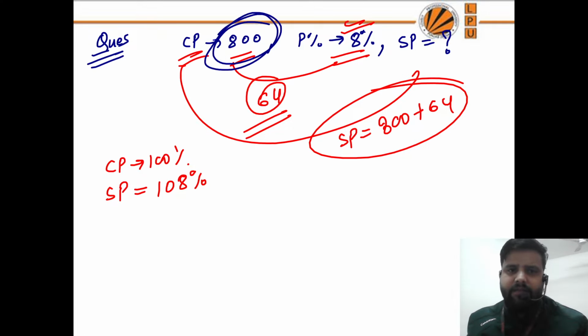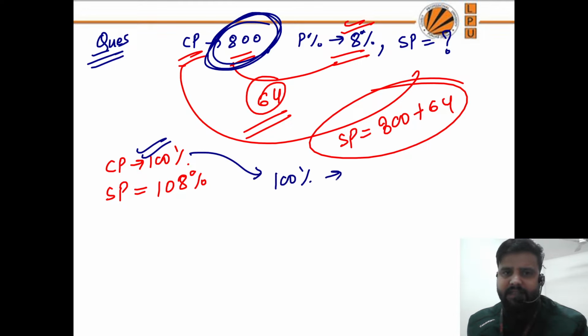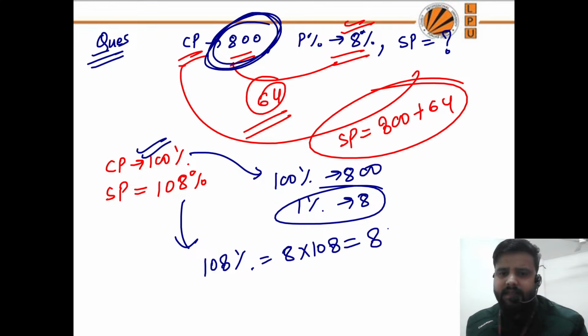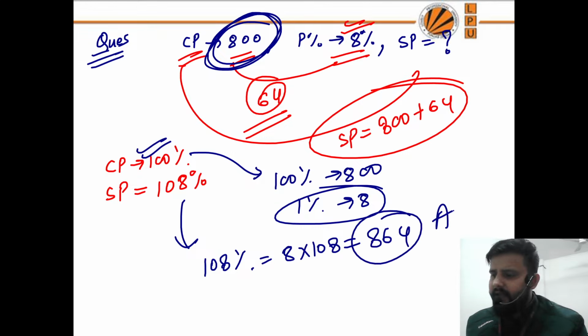The question has given you 800, which is the value of this 100%. So from here 100% will be equal to 800. 1% will be 8, isn't it? They are asking you selling price, so that would be 108%, which is 8 multiplied by 108, which will give you 864 as your answer for the selling price.